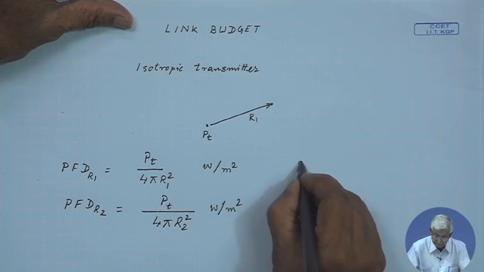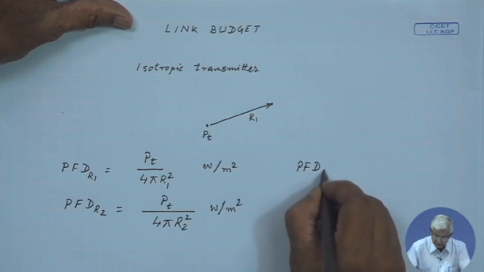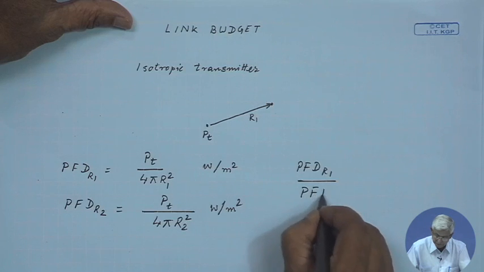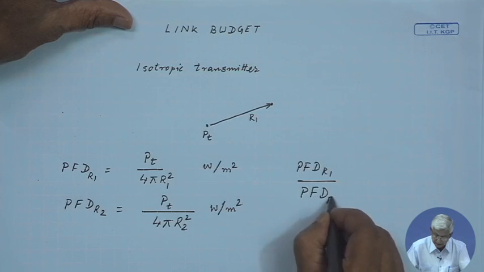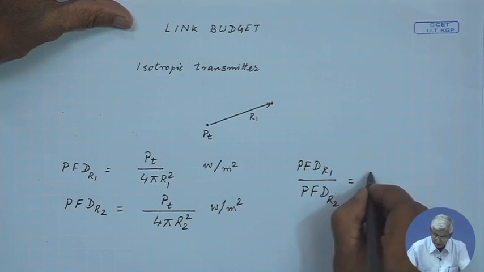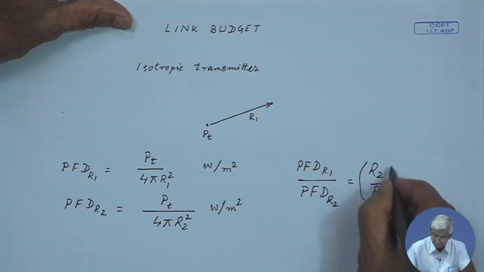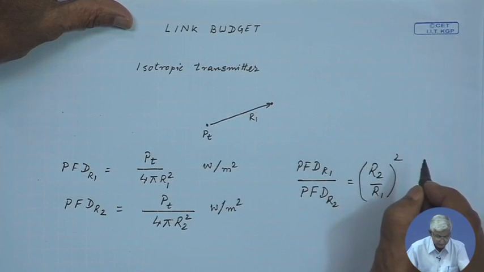PFD at R1 by PFD at R2 will be R2 by R1 whole square.